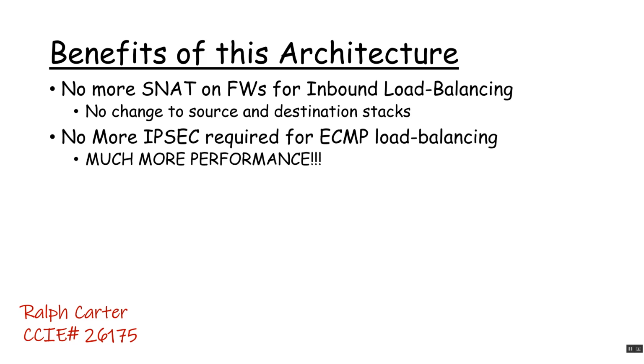Another big positive here is that there's no more requirement for IPsec in order to be able to load balance traffic to 2 or more firewalls. So in the previous Transit Gateway architecture, you have your VPC attachment, you have your VPN attachment. In order to do equal cost multipath, or be able to load balance to 2 or more firewalls, you had to do a VPN.